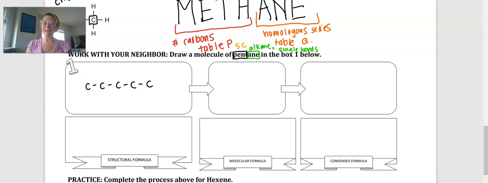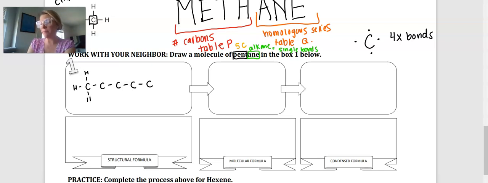What I need to do next is add in the hydrogens to satisfy the octet rule. As a review, carbon can bond a total of 4 times. And based on the number of bonds it already has, that's the number of hydrogens we need to add. For our first carbon, notice that I have 1 bond already, so I need a total of 3 hydrogens attached to that carbon.